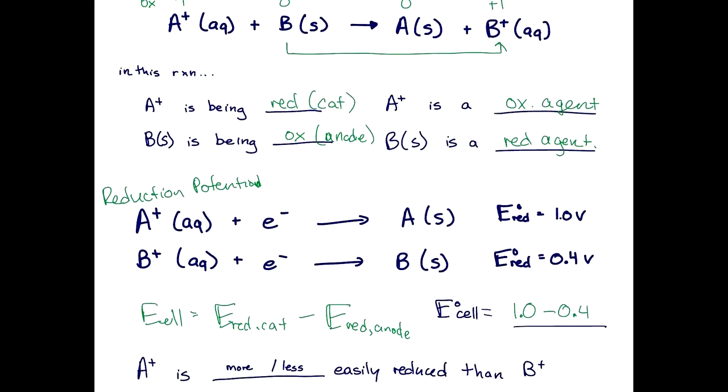So the overall cell potential, if we were to set this up at standard conditions, so 1 molarity of everything, we would read something like 0.6 volts for this chemical cell. So extending the idea of identify what's being oxidized and reduced, you have your anode and your cathode to do that math once you have those reduction potentials.